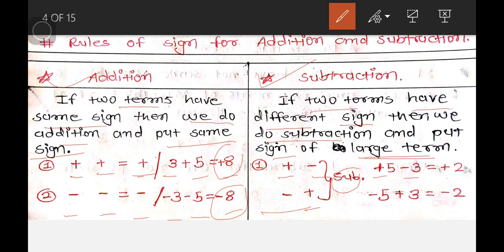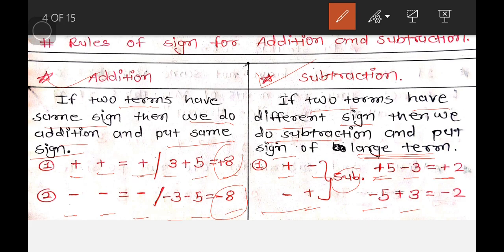Then we subtract 3 from 5. 5 minus 3 is equal to 2, and we put the sign of the larger term. Here 5 is the larger term, then we put here plus sign. Another example, minus 5 plus 3. Here you can see that both terms have different signs, then we do subtraction.